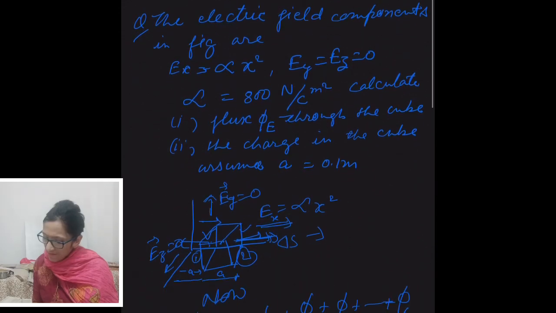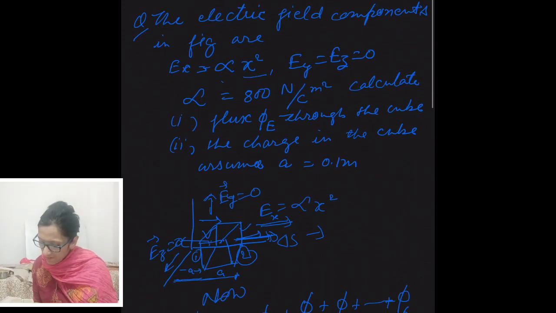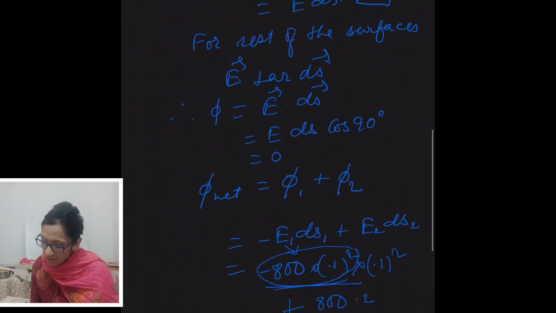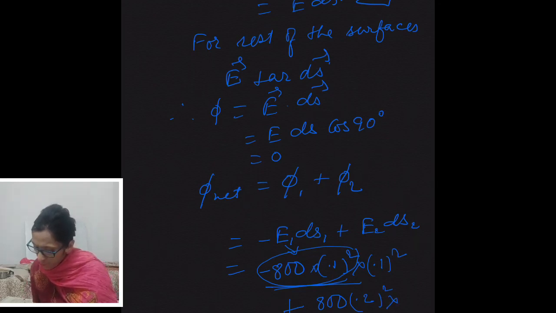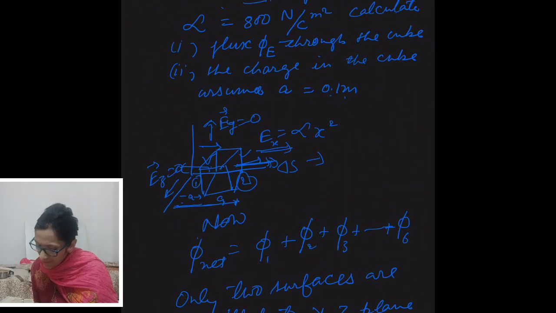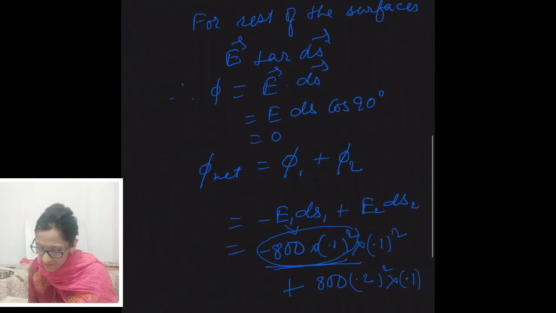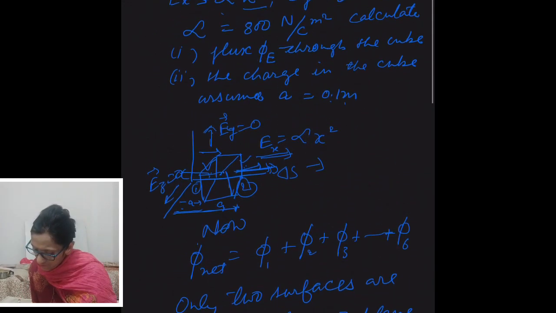Now plus, the electric field at this point is equal to 800, alpha into x square, and here x becomes a plus a, 2a means 2 into 0.1, so it is equal to 0.2 whole square, and into the area. For area you will write length into breadth, and a is equal to 0.1, so it is equal to 0.1 square.